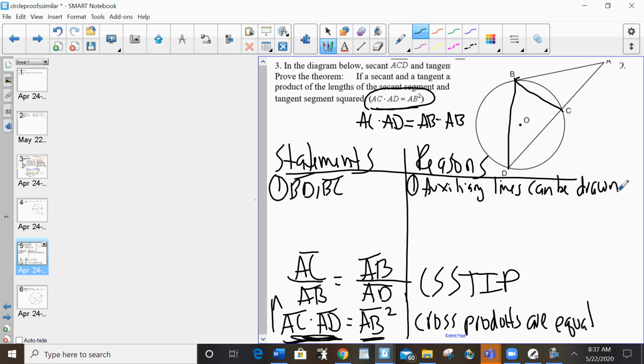So, what triangles am I proving similar? We're going to look to see which triangles I need to prove here. So, no matter which way you look at it, AC, AB, AB, AD, we have ACB, and we have ABD.